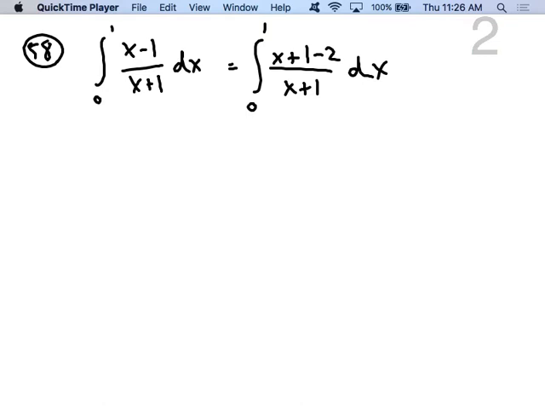Wait, where'd you read that? Magic. x minus 1. Again, maybe there's another way to do this. This is all I could come up with. So I turned negative 1 into 1 minus 2. Why would I do that? So now I can split the fraction. That's okay. You just made math.